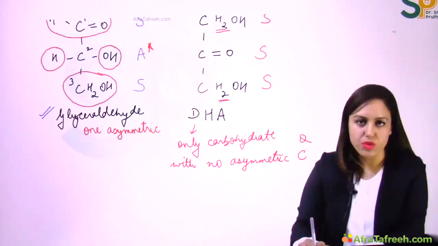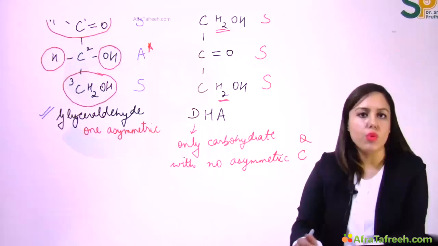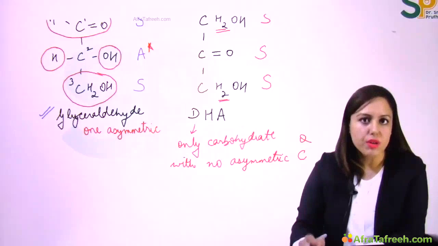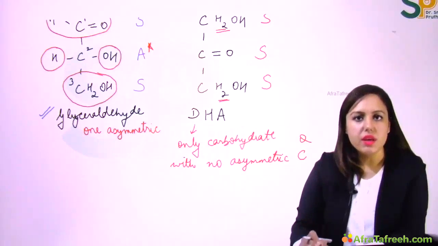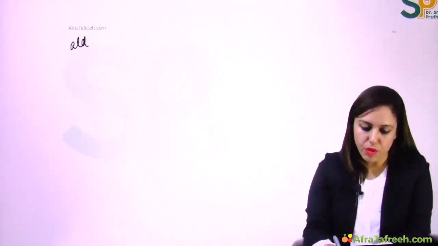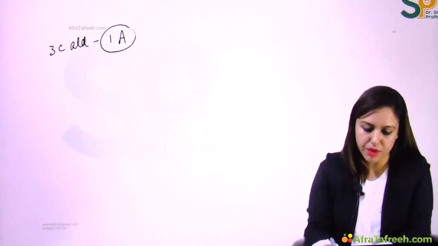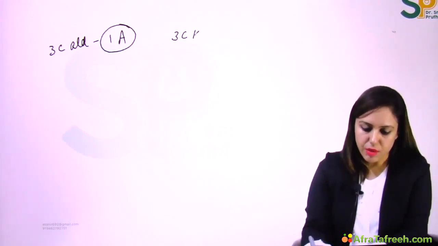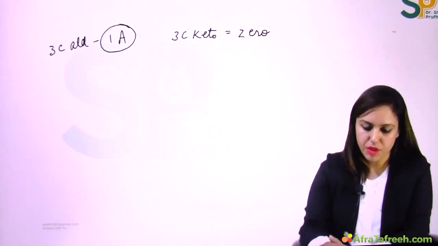Once this question was asked. So which is the only carbohydrate with no asymmetric carbon? DHA, dihydroxyacetone, right? So the aldehyde form of the 3-carbon has one asymmetric carbon. The 3-carbon keto form has 0 asymmetric carbon.